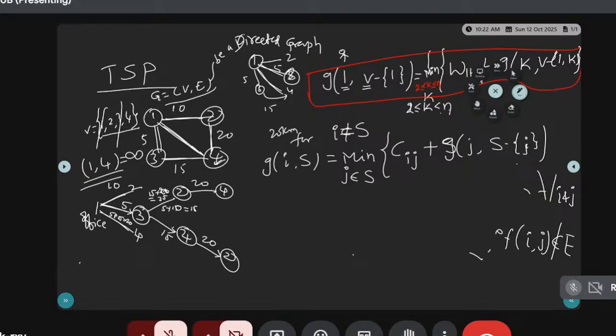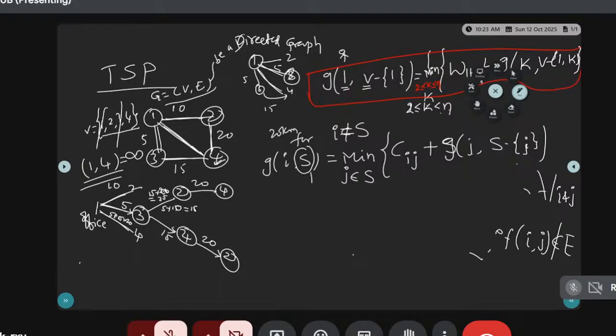The same equation appears in some textbooks, and somebody will follow this equation. This equation and that equation are both the same. Here there is g of i comma S, where S is a set which does not include i. It is the same, instead of v minus 1 and S. So S does not include i, and it is the minimum over k of c of i k plus g of k comma S minus k. Since S already does not have i, now you remove k also.